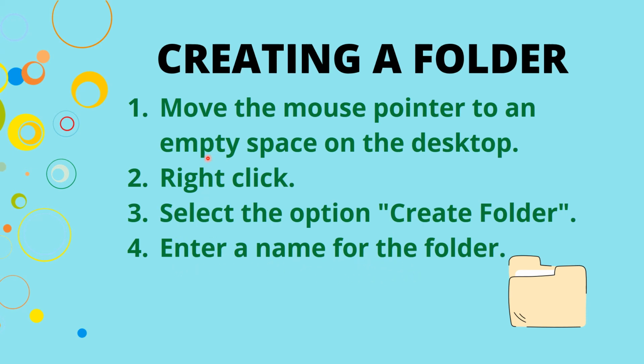So first step is to move the mouse pointer to an empty space on the desktop. On your desktop screen, you have to move your mouse pointer on an empty space and there right click. After that, once you right click, you will be having a number of options popped out, and from those options you have to choose create folder.